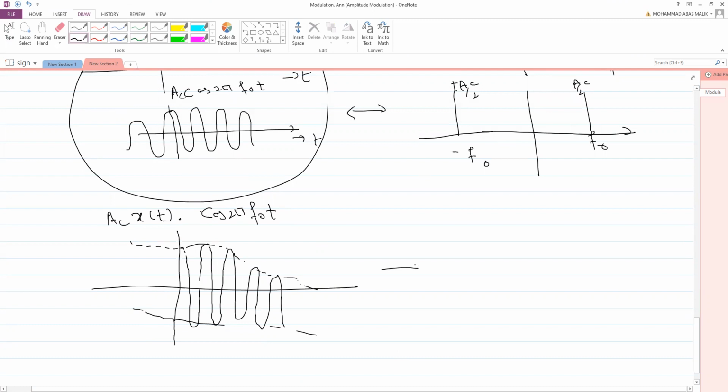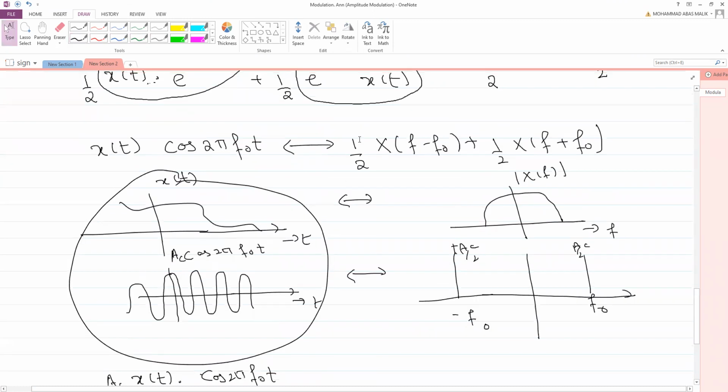What will its spectrum look like? Can anybody tell me? The spectrum should be 1 by 2 x of f minus f naught plus 1 by 2 x of f plus f naught. That means this original spectrum will be shifted towards right and left by f naught. That is the value you will get.